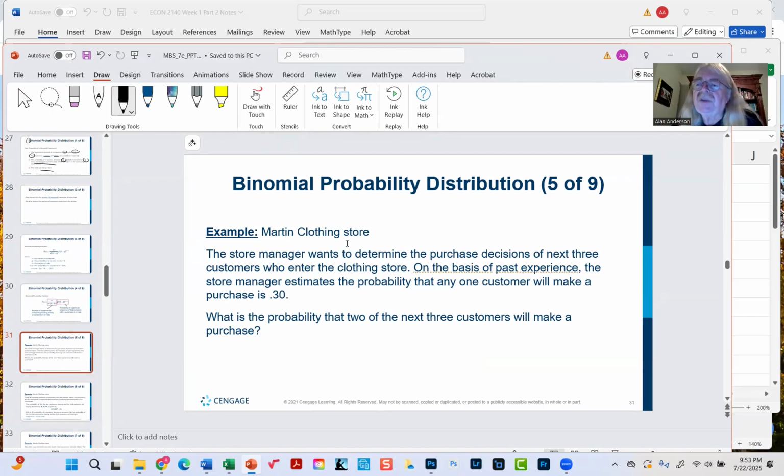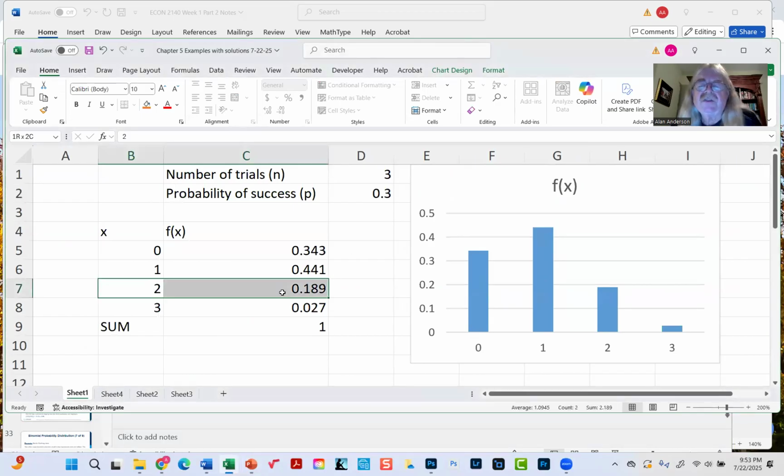So they want to know the probability that 2 of the next 3 customers coming in the store will make a purchase. So what they're basically asking you to do is this right here. But we went ahead and calculated all of these anyway to create the entire distribution, but the one they're after is x equals 2.